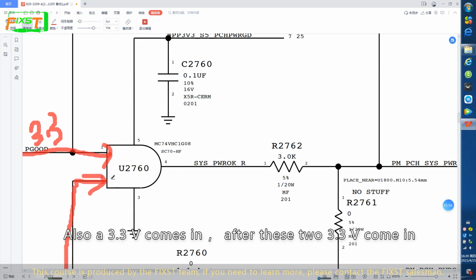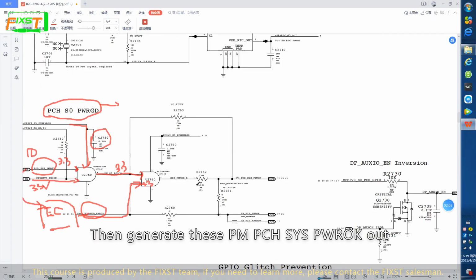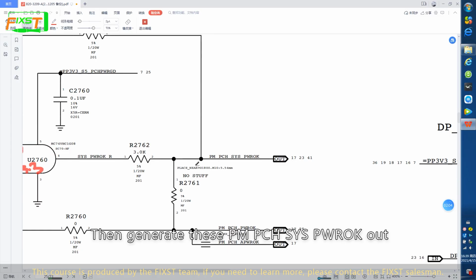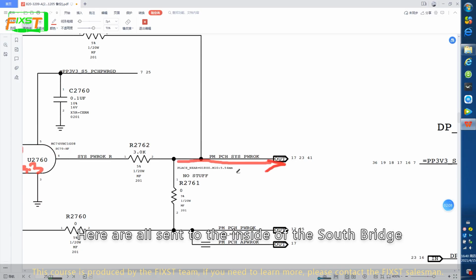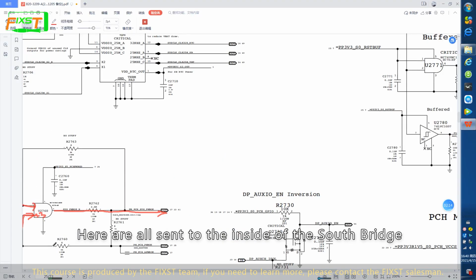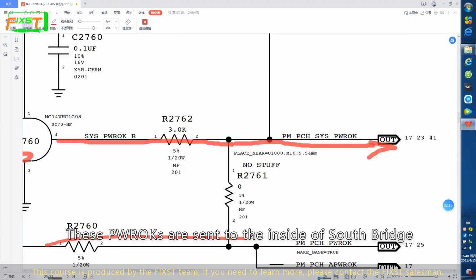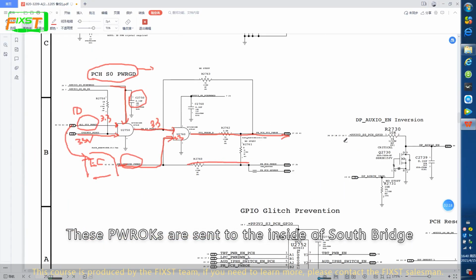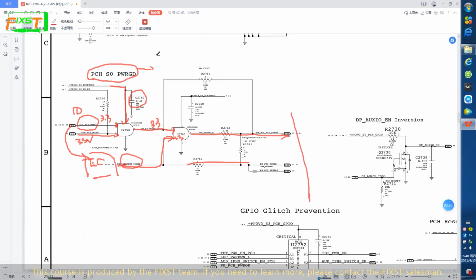Also a 3.3 volt comes in. After these two 3.3 volt come in, it generates PM_PCH_SYS_PWROK. Here they are all sent to the inside of the Southbridge. This 0 ohm resistor, these PWROK signals are sent to the inside of the Southbridge.